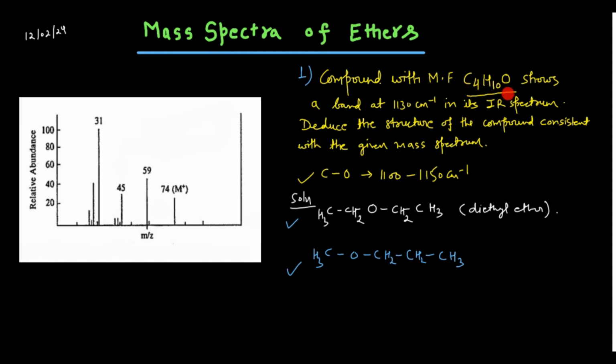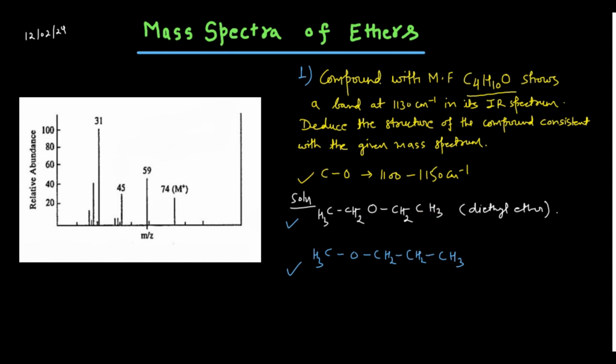These two structures are consistent with this molecular formula. You can count 1, 2, 3, 4 carbons, then 3, 5, 7, 10 hydrogens, and one oxygen, right? Since the second one is the isomer of the first one, these two have the same molecular formula.